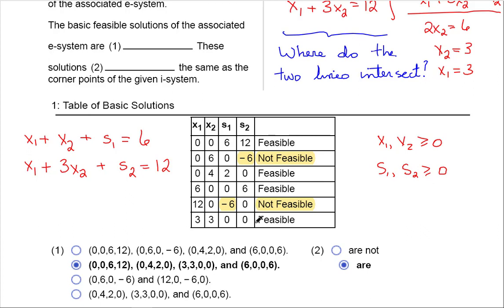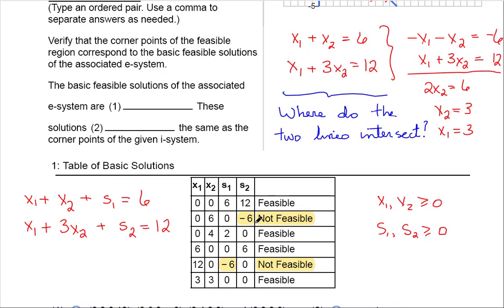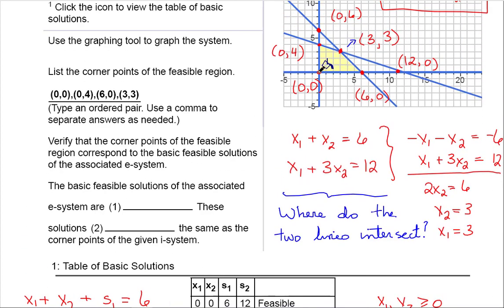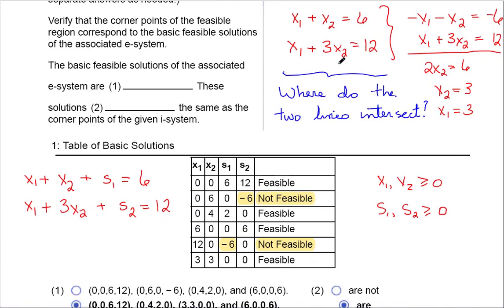So if you look at all the feasible places, let's see if I can get them on the screen. We have 0, 0, 0, 4, 6, 0, 3, 3. Well, that corresponds to all of the places here on my graph that are actually in the region. You see, these that are not feasible are not in the shaded part.